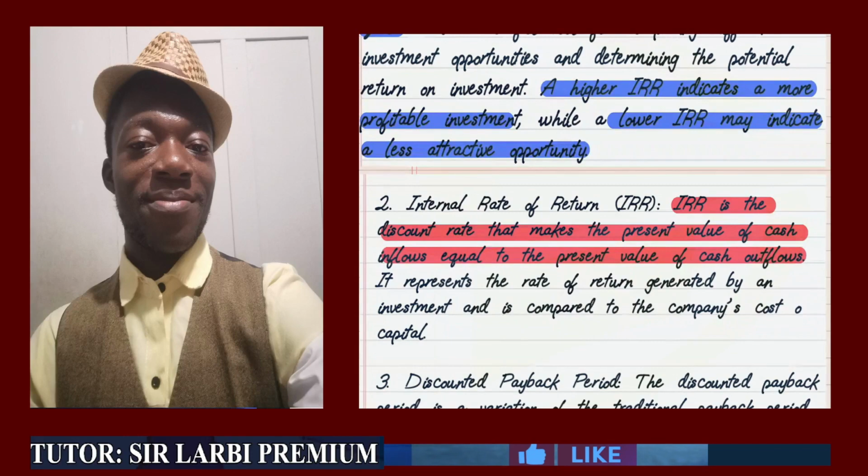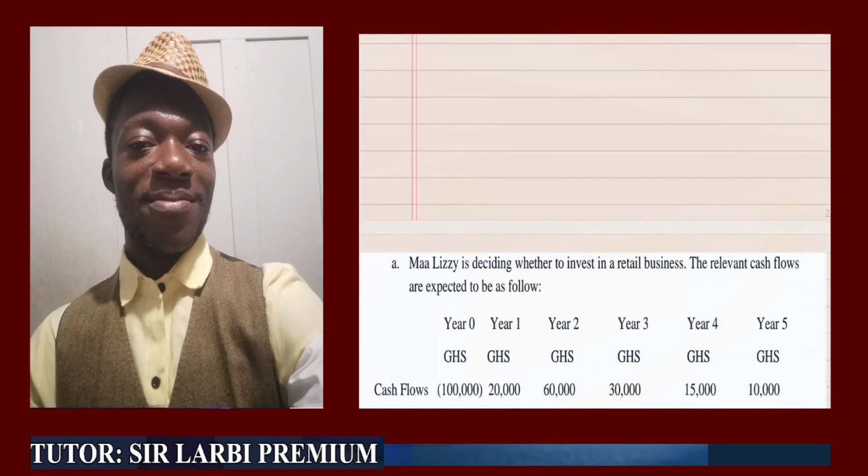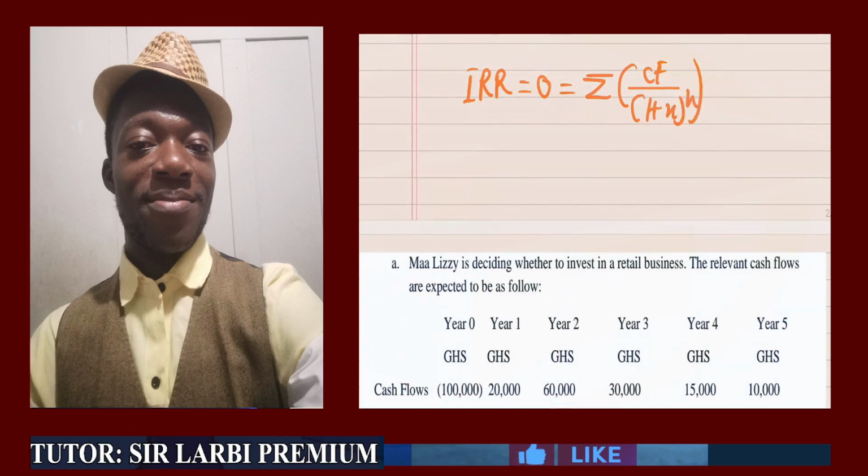To find the rate, per the formula, our net present value should be equal to 0, and that means you should have the summation of the future cash flows of the investment divided by (1 + x) to the power n, minus the initial cash flow.